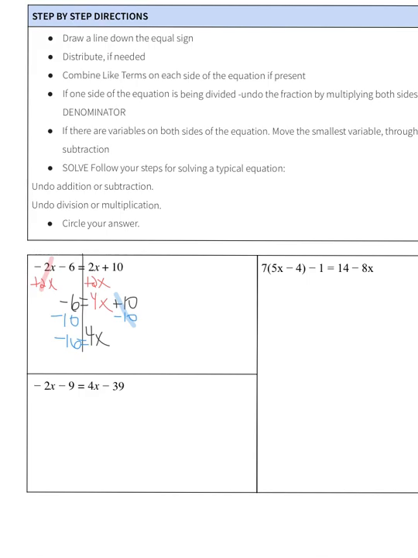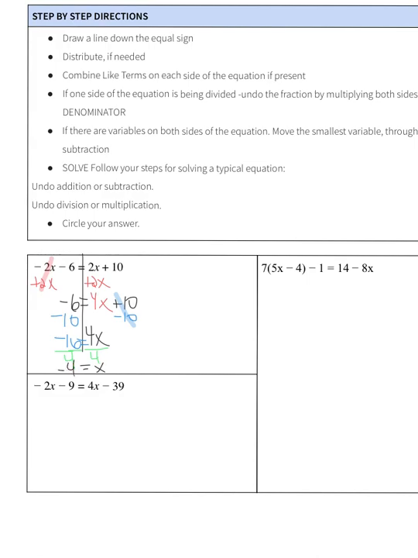The next thing we need to do is to undo division or multiplication. We have 4 times x, so we are going to undo our multiplication by dividing. So I'm going to divide both sides by 4. 4 divided by 4, and negative 16 divided by 4. 4 divided by 4 is equal to x, and negative 16 divided by 4 is equal to negative 4.